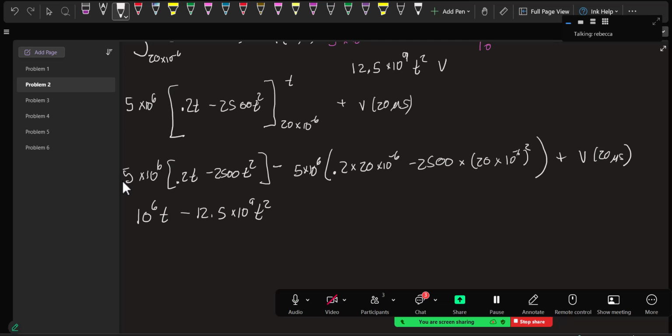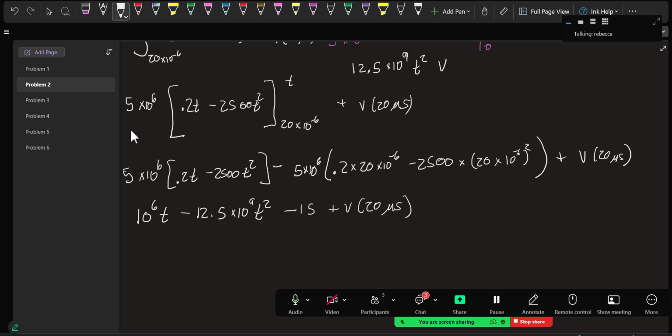And then I don't know what this is. It's 15. So minus 15 plus the voltage at 20 microseconds.